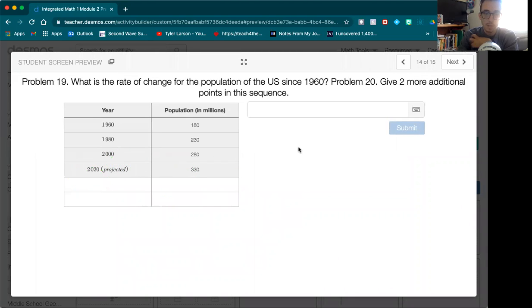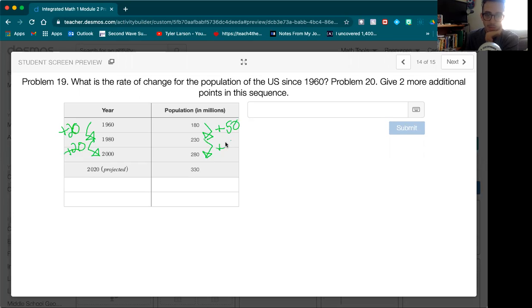Pushing it to the limit on this last one, I'm getting a rate of change for this table here. I know that from the year 1960 to 1980, that would be adding 20. And that's consistent with our year. For our population in the millions, 180 to 230, that's adding 50.